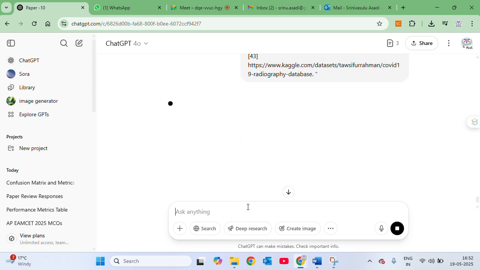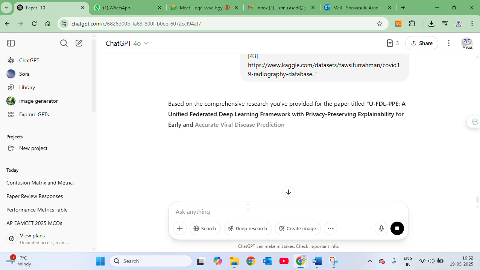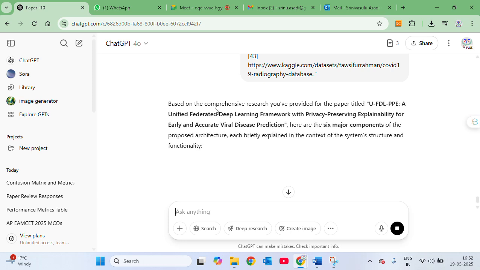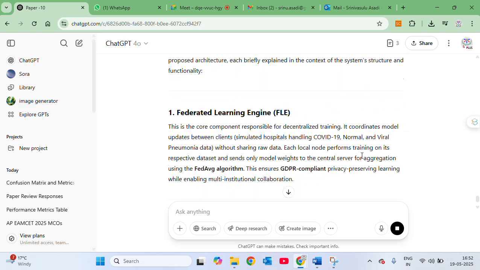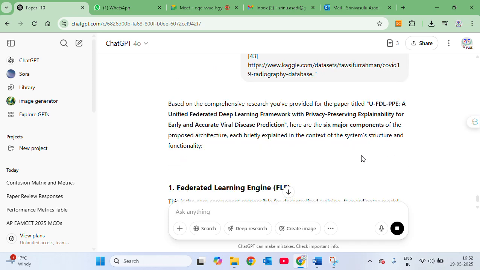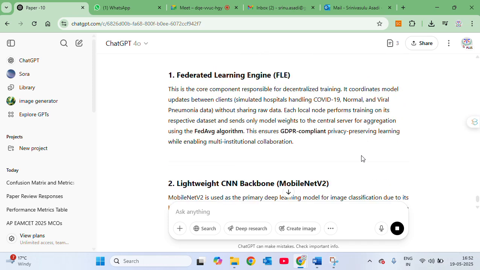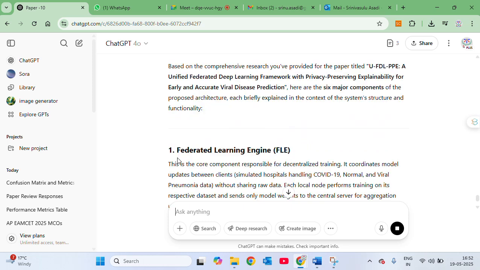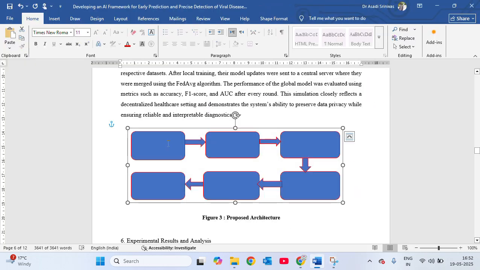Yeah, now it will display 6 major components. Now in this one, see, the first one is the federated learning engine. We need to paste it here.